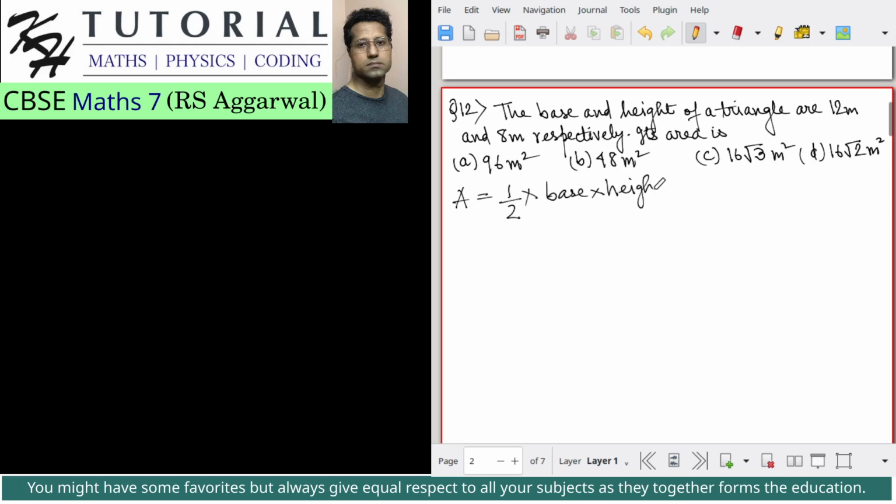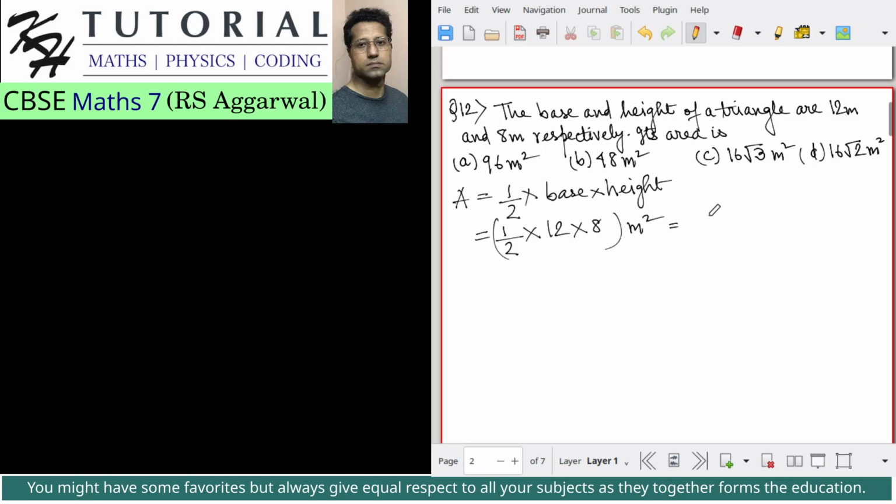Now you can consider any side of the triangle as the base, and the corresponding height will be the length of the perpendicular drawn from the opposite vertex on that side. Now in this problem, the value of the base and height are directly given. So area will be half into base, base is given to be 12 and height is given to be 8. So this much meter square, since the units of base and height are in meter.